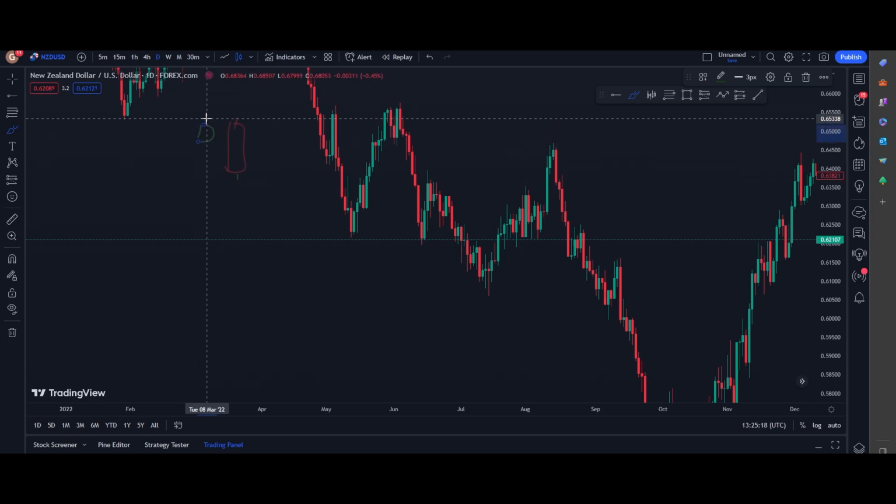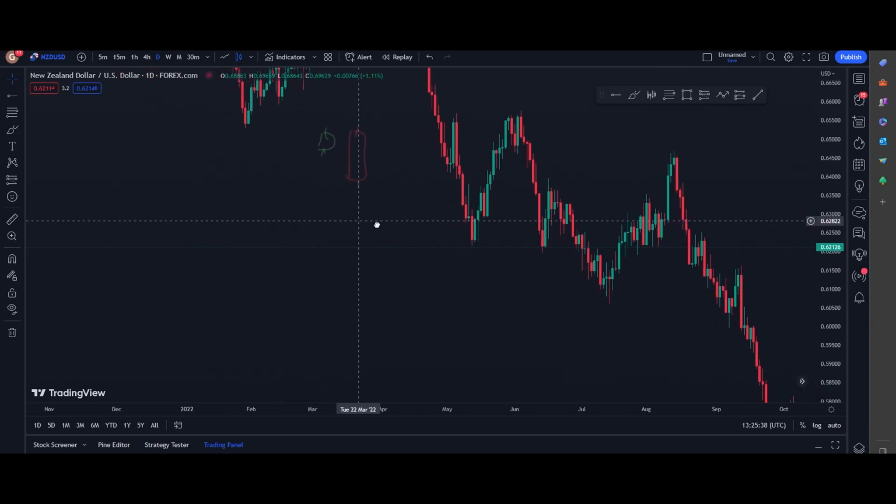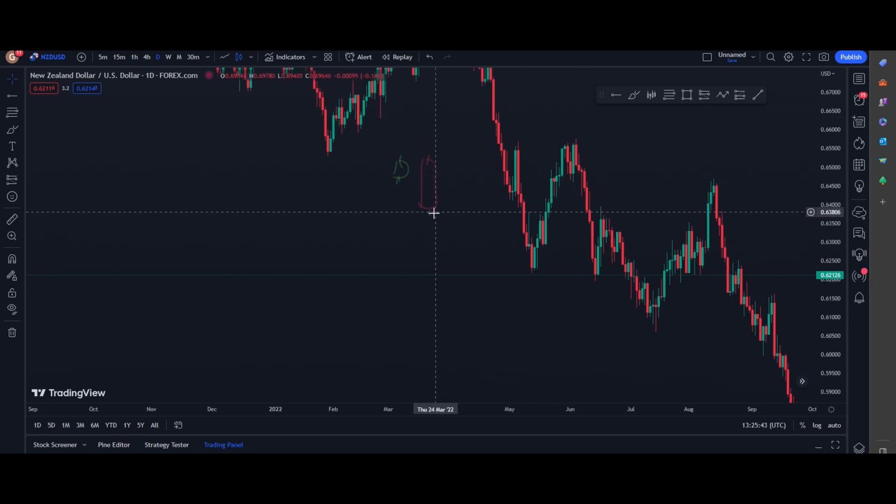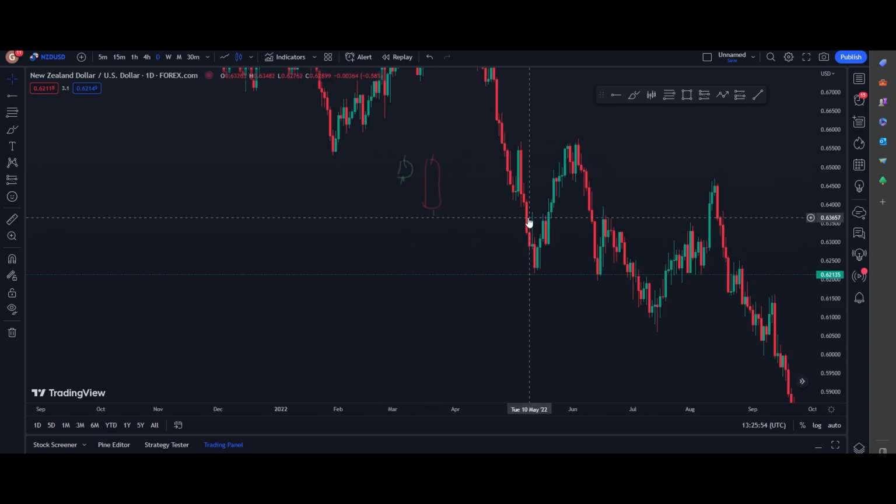Like I said earlier, these are used for confirmations and entries. Let's say you see this type of pattern on a support area, or on a resistance area: a big bearish candle just after a small bullish candle. This can help you get an entry confirmation to start looking for sells.